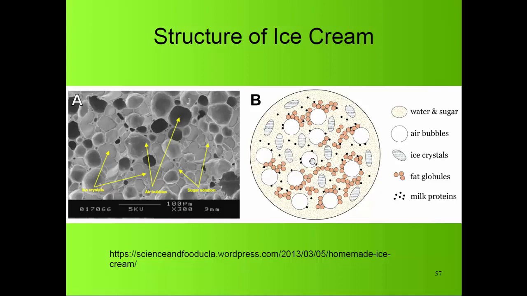They're these white circles. Then there's ice crystals, and they're smaller than the air bubbles. And then there are fat globules. They're smaller than the ice crystals. And then milk proteins are smaller than the fat globules, and they actually combine with and help emulsify. So if you notice, they like to stick to the ice crystals, the air bubbles, and to the fat globules.